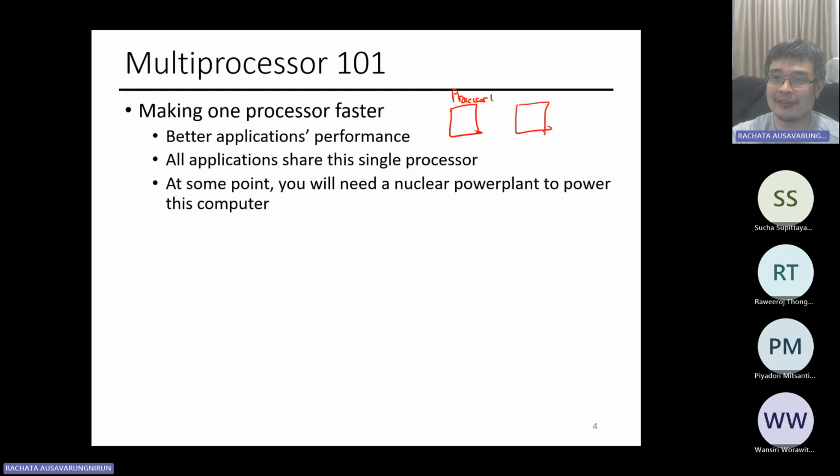Processor 1, processor 2, processor 3, processor 4. One quick downside of this versus a really giant single core processor is you will get a single thread performance that's a little bit worse in a multi-core processor, given the same area, right?